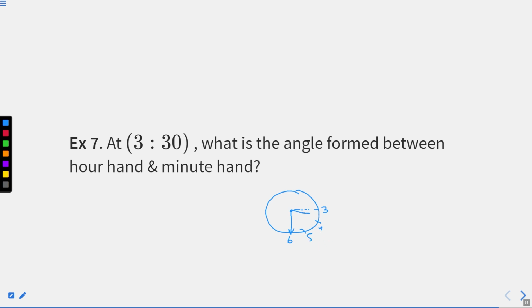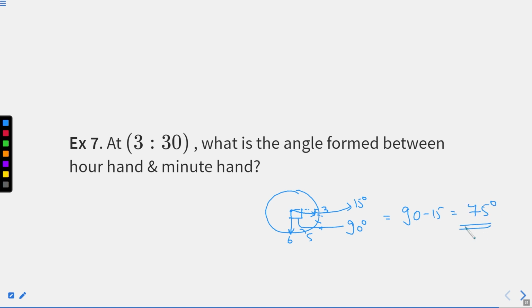At 30, the hour hand should be somewhere around here, in between this, right? So initially the angle is 90. Write the initial angle first, and in 30 minutes, the angle covered by our hour hand is 15 degrees again. So the total angle formed at 3:30 will be 90 minus 15, which comes out to be 75 degrees.